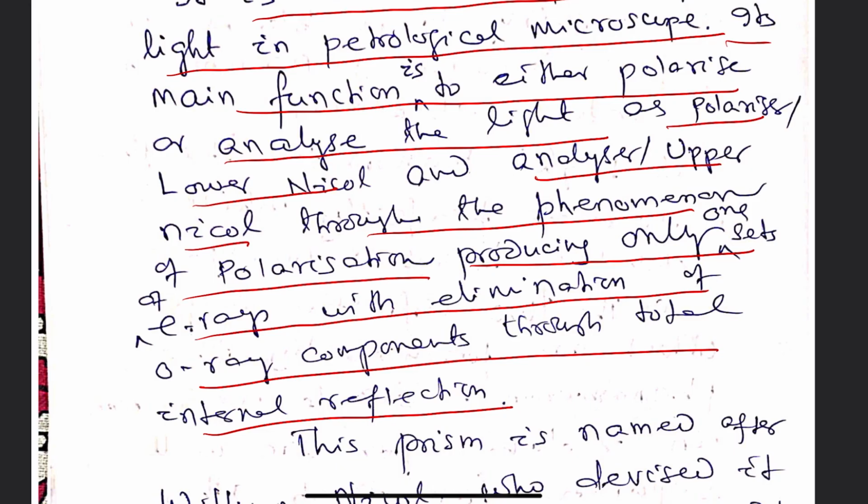So this is the very property of the Nicol prism, and it only allows one set of light rays vibrating parallel to the short diagonal of its rhomb face, and the O ray parts are eliminated by total internal reflection.